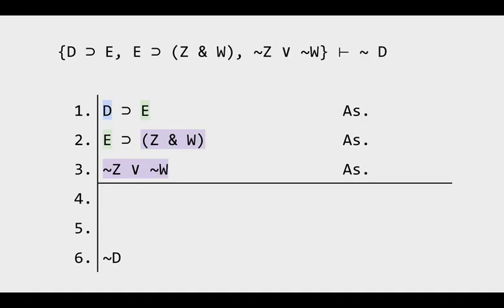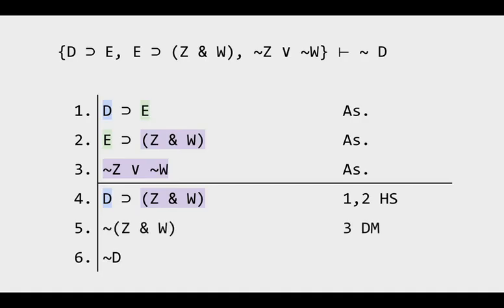So the first thing I'm going to do here is combine 1 and 2. And the reason for this will be obvious later. Actually, it'll be obvious in the next line. But I know that E is basically useless to me. I saw line 3, and that looks like the consequent of line 2. So I thought to myself, there's probably something I can do with line 3. And so now you'll be able to see how that worked out.